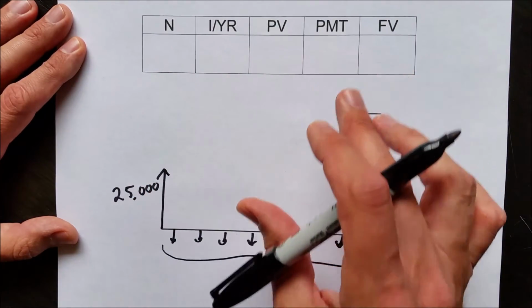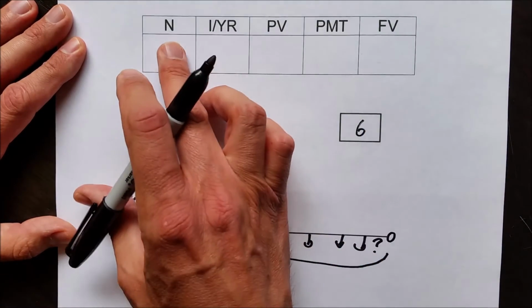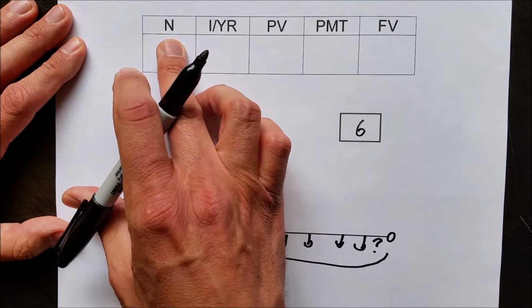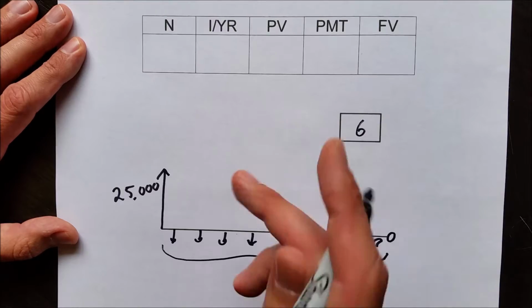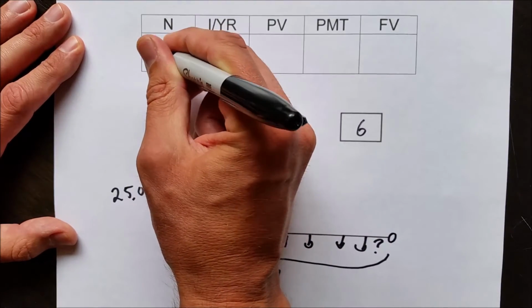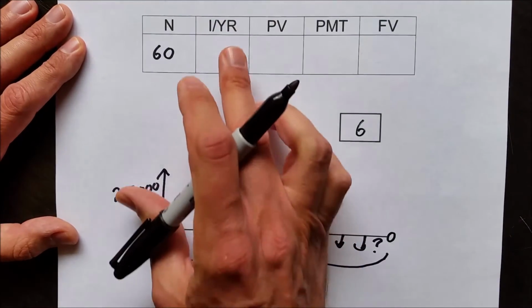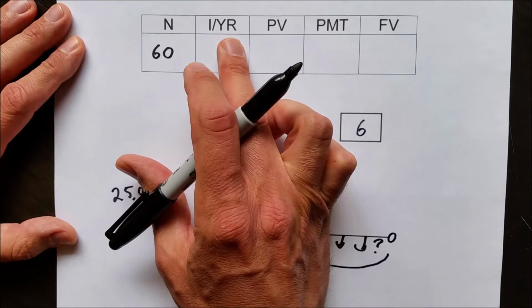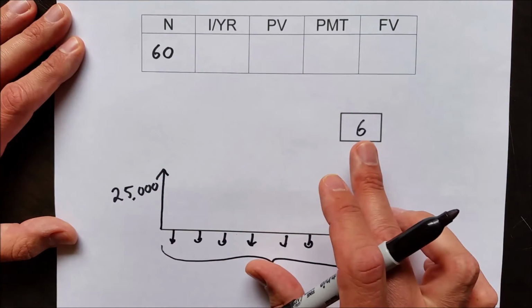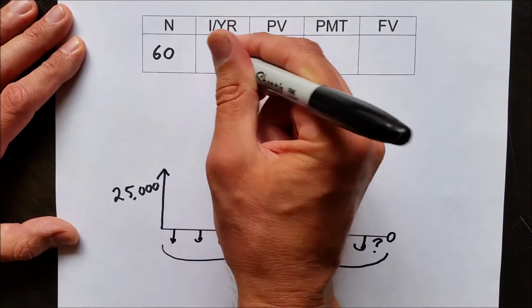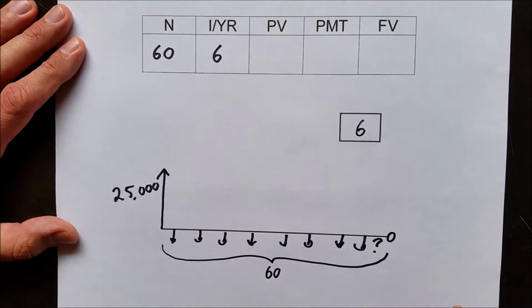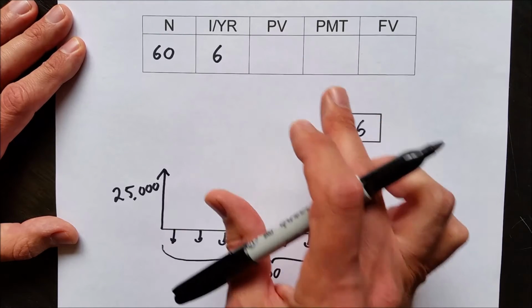Now, the way that we go from here is we take this information and enter it in the calculator table. So first, N is the number of months in this situation. We know the number of months is 60, so we'll just put 60 right there. I/YR stands for interest rate per year. We know that the yearly interest rate in this situation is 6%, so we'll simply put a 6 right here. PV is present value.